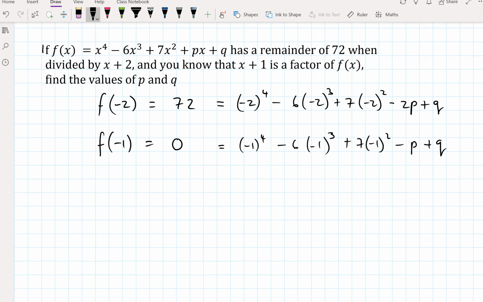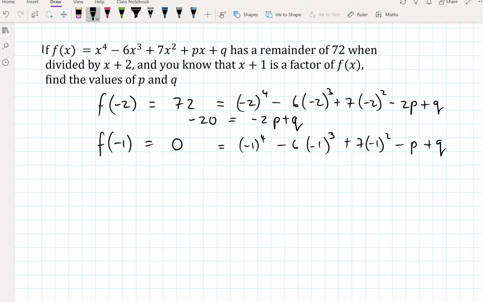Obviously, I need to tidy these things up. That is 16. That is 48. That's 28. So 28 and 48 and 16 make 92. So I can pull that over to the left-hand side. So I can say minus 20 is going to be minus 2p plus q.